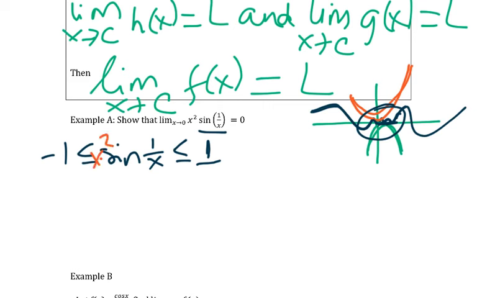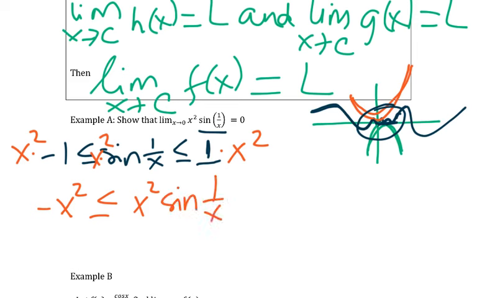Think of the inequality: if we multiply by x squared, we do the same for all sides. So now I have negative x squared less than or equal to x squared sine of 1 over x, less than or equal to x squared.